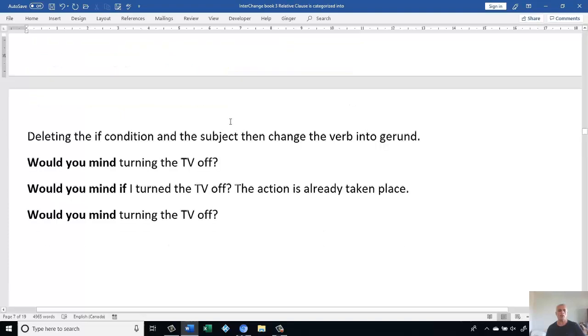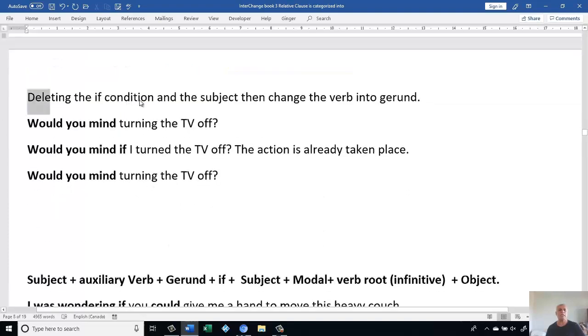Okay, let's continue. Sometimes we delete the if condition and the subject, then change the verb into gerund. If you remember, we said that in any sentence, you cannot have two main verbs.